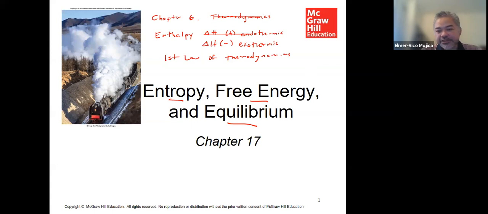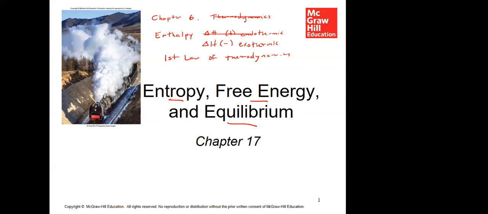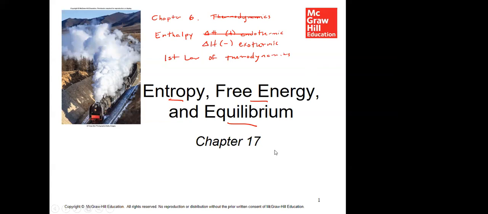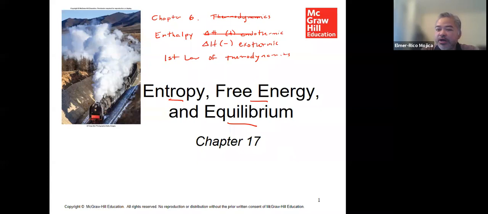Conservation of energy. Yep. Energy cannot be created nor destroyed, it can only be converted from one form to another. So enthalpy is one of the thermodynamic entities. Now in chapter 17, we're going to increase these thermodynamic entities.